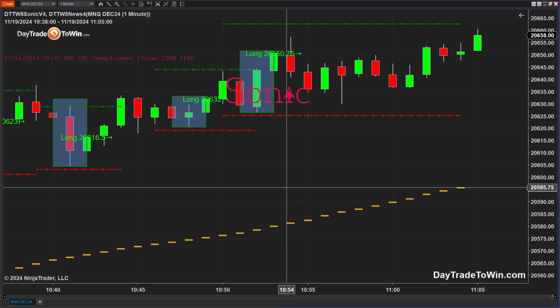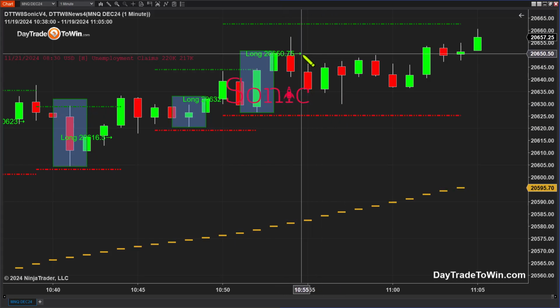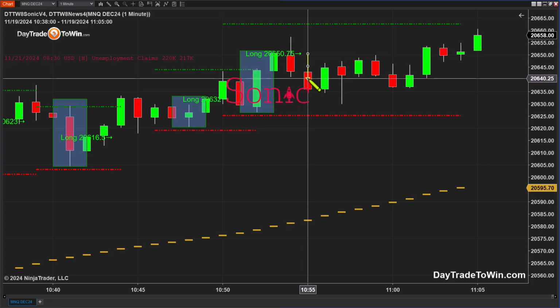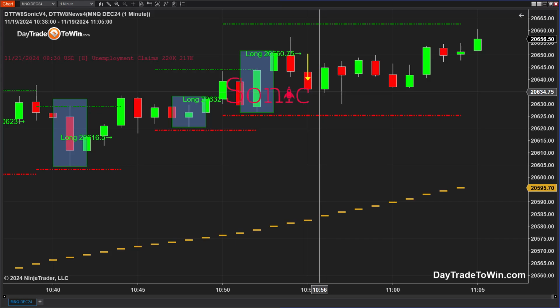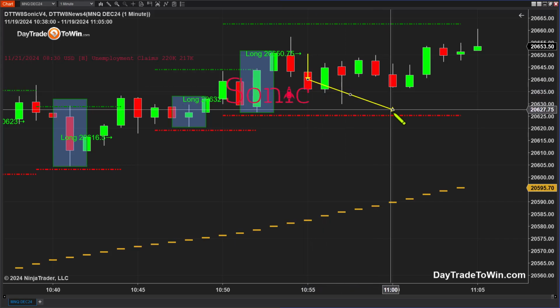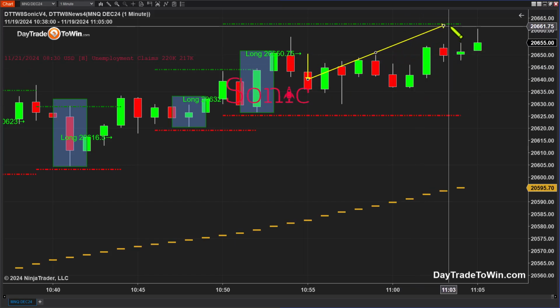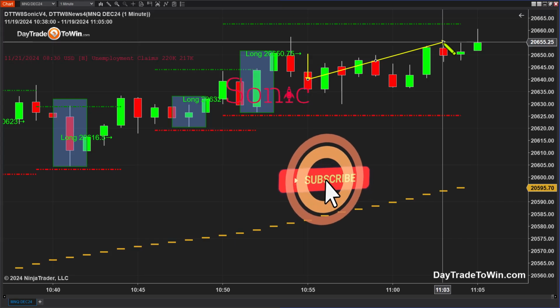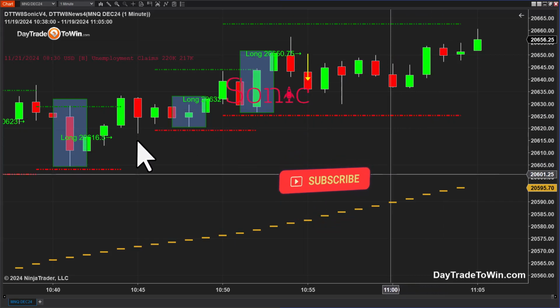But you can see that this here, this entry, you could have waited just a minute to get a better price. And that way, now, if the market fails, it's a smaller loss, and if it makes the target, it's a larger winner.